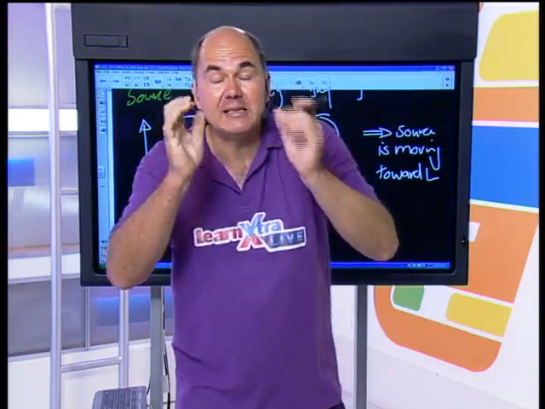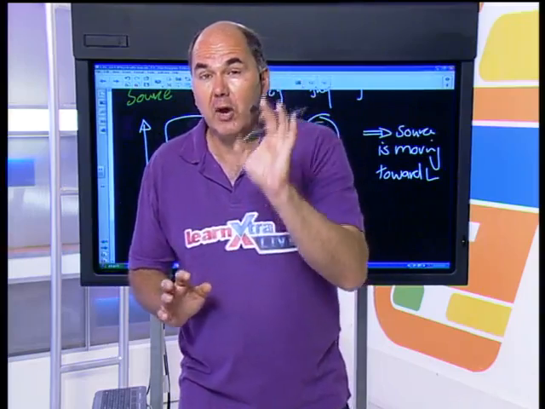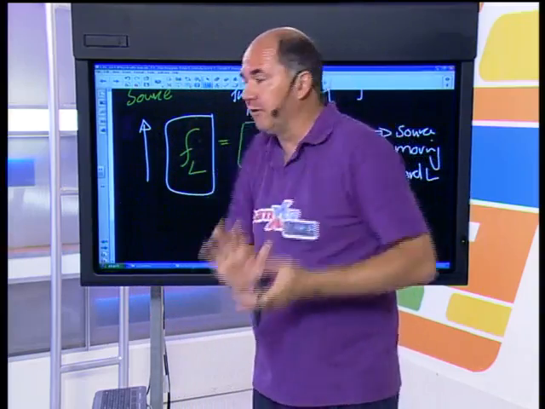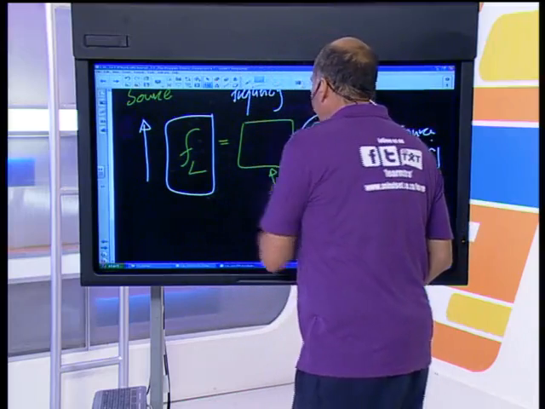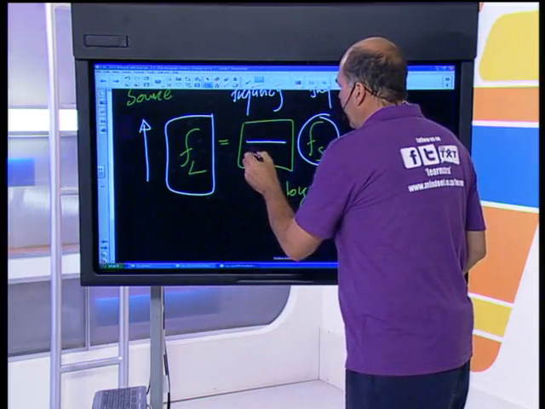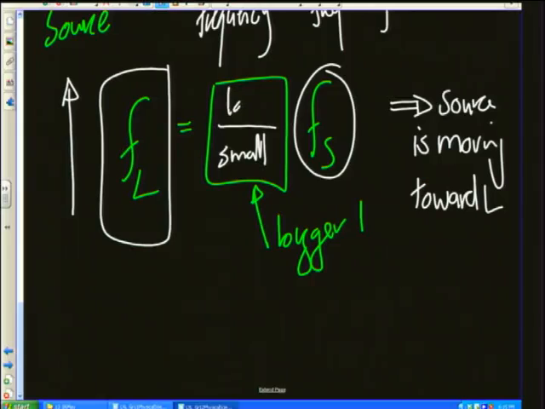I could be, as the listener, running towards the source. So it's relative motion. The source is moving towards the observer. If this big box over here is bigger than 1, then we need to recognize that there will be a small denominator, and this must be relatively larger. Small number on the bottom, a big number at the top. That's what that will give you.